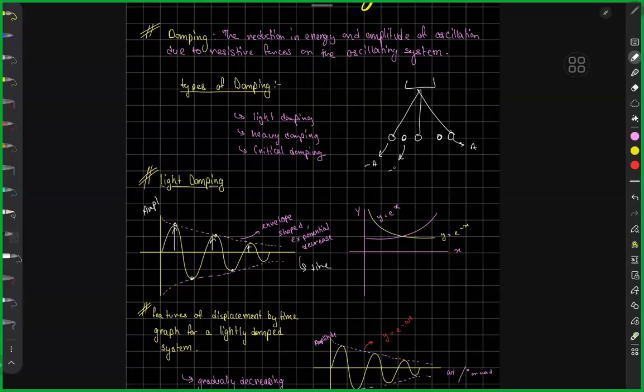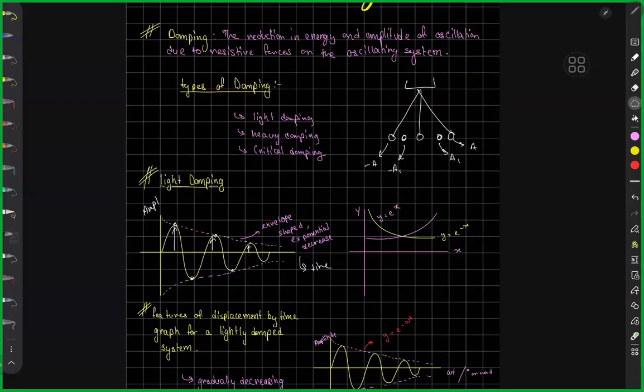So now minus A1, let's say positive A1. So it has gone to a lesser amplitude. Initially the bob oscillates from here to here, and then it oscillates to this new maxima, then this new maxima. So now what I'm saying to you is the frequency throughout the journey remains the same, regardless of the fact that amplitude has decreased.